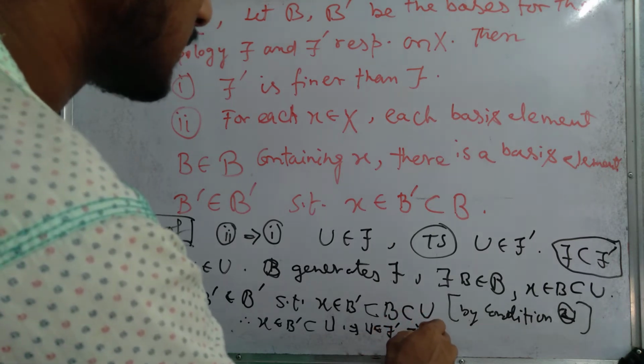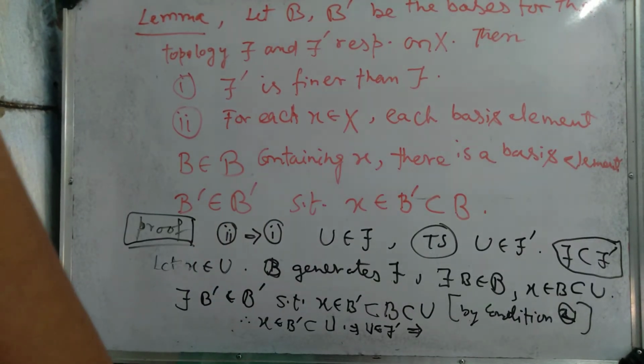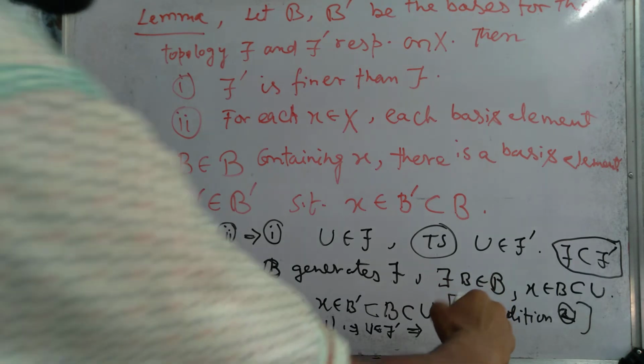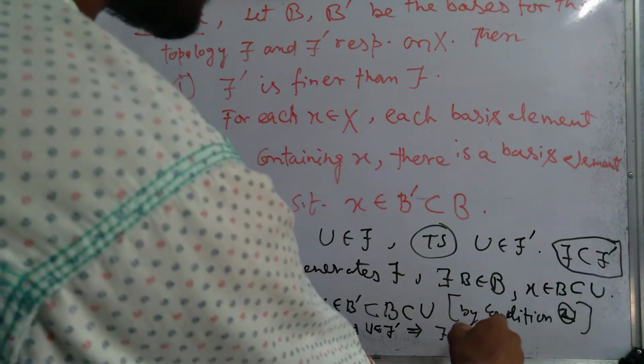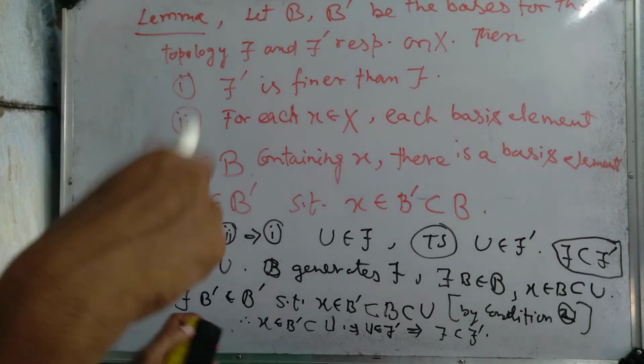This implies tau is a subset of tau dash, or tau dash is finer than tau.